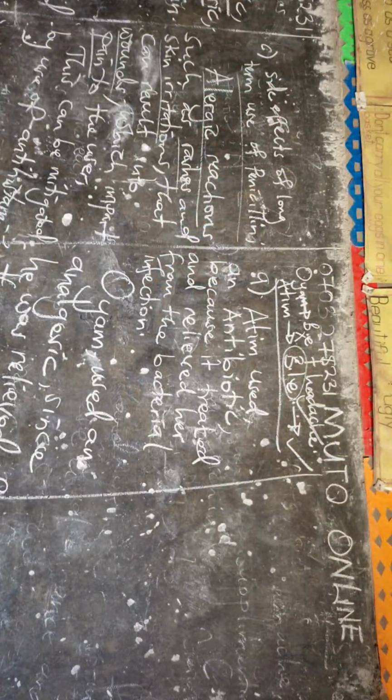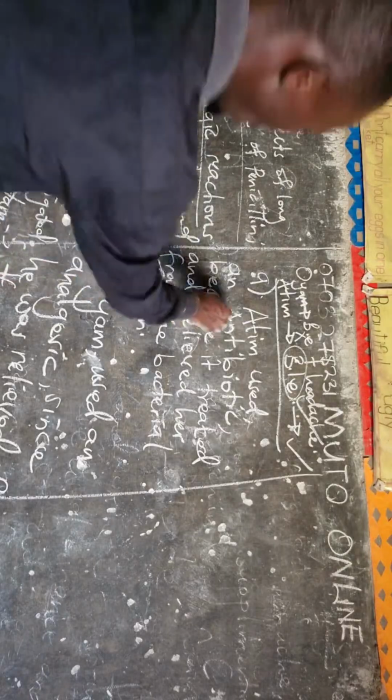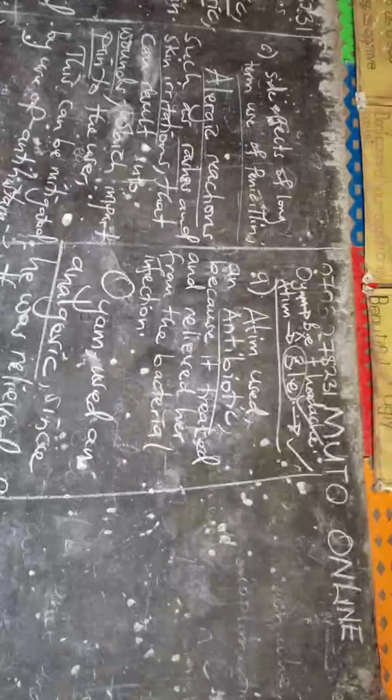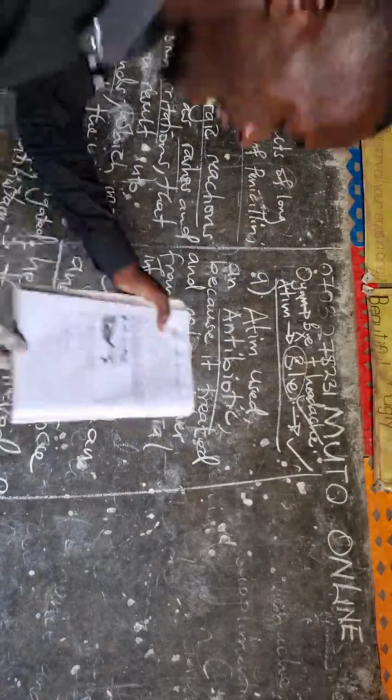So those are the categories. The antibiotic is what Atim bought and the analgesic is what Oyam bought. I think we are getting to where that came from. So the question from Timothy: we categorize each one. Each one is a drug. That was the task on the item.